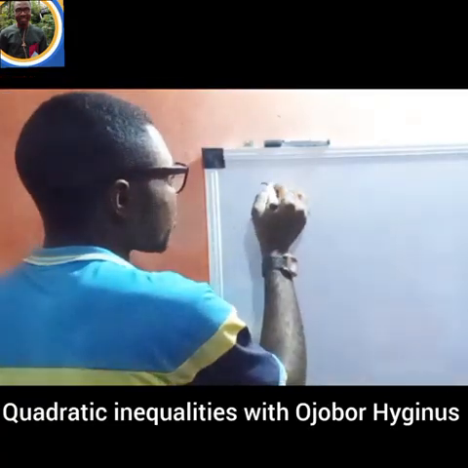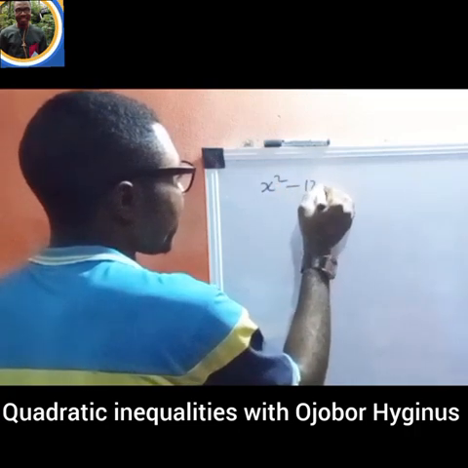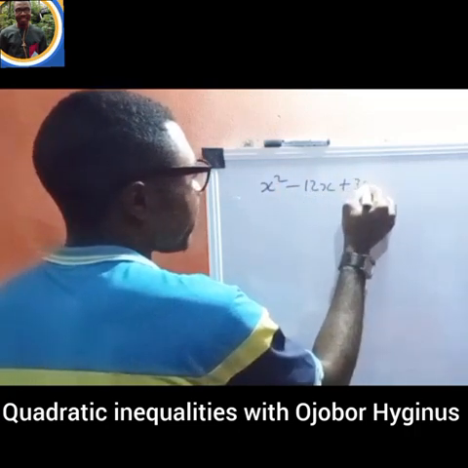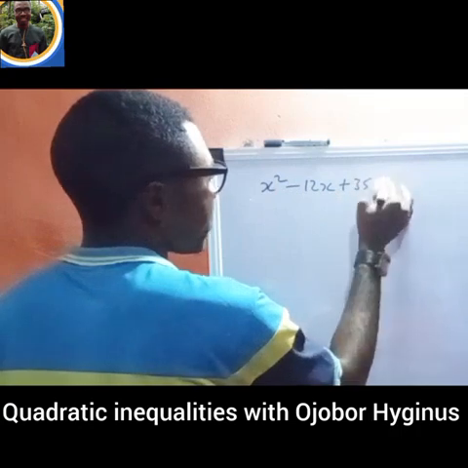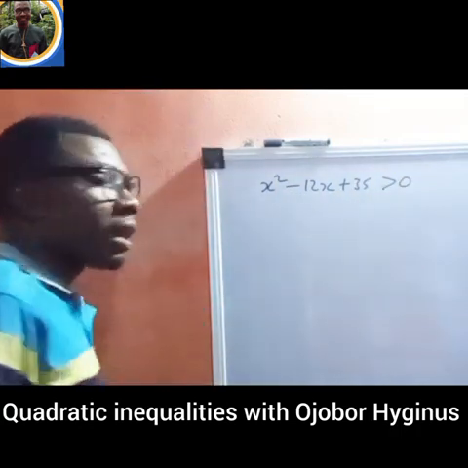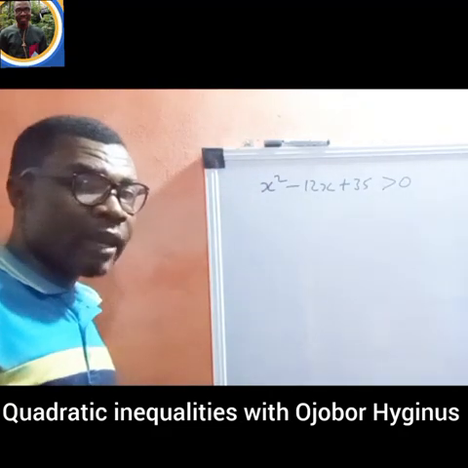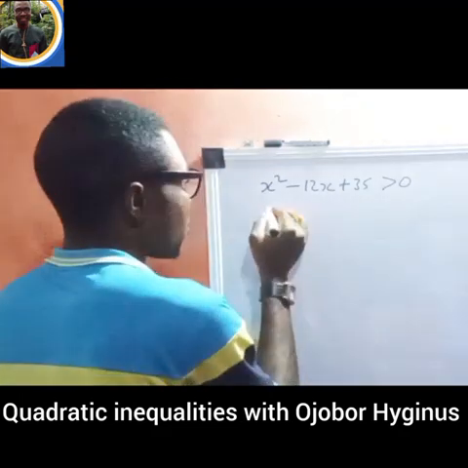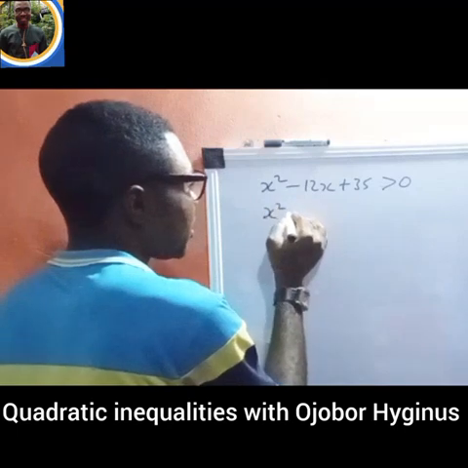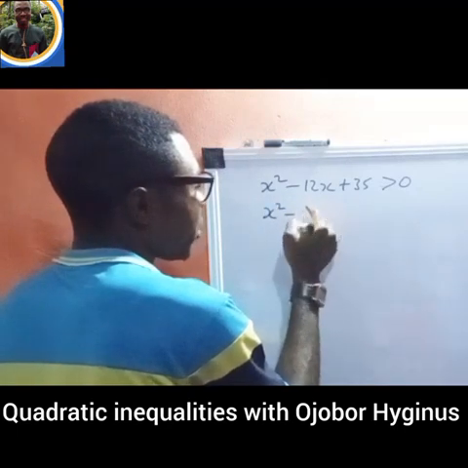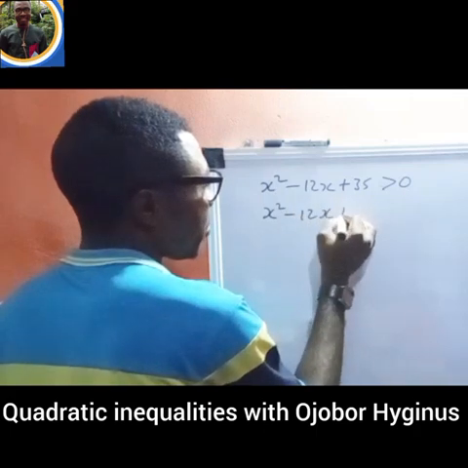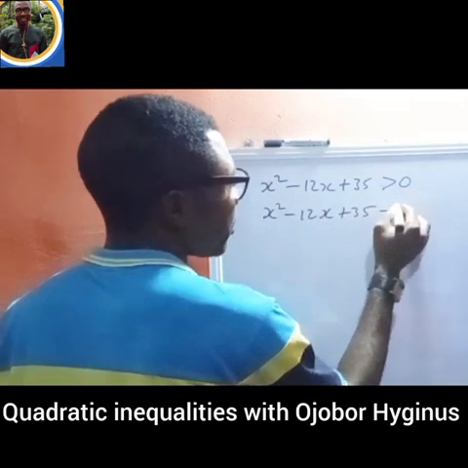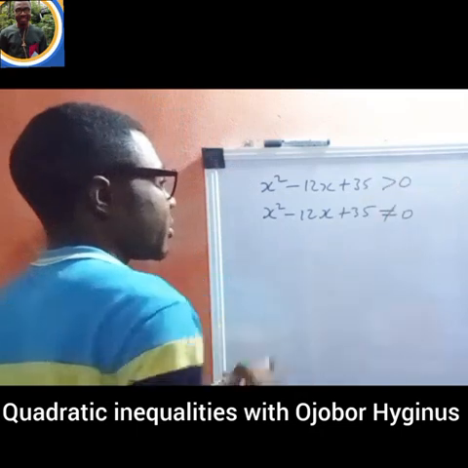I have x squared minus 12x plus 35 is, let's say, greater than 0. I said you can solve it like a quadratic equation. So I can say x squared minus 12x plus 35 is not equal to 0, because it's greater than 0 here.